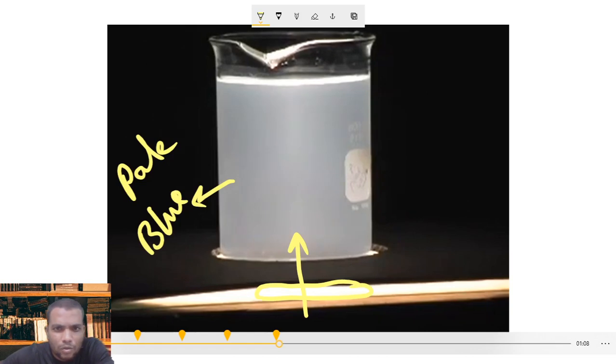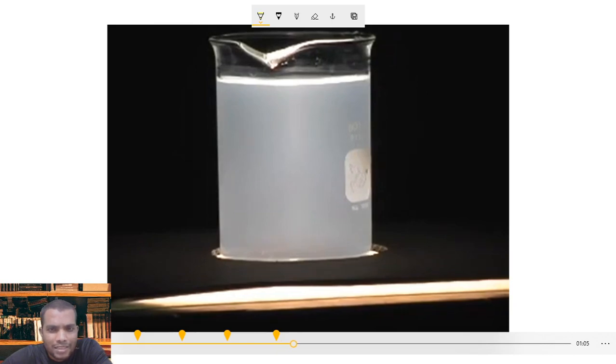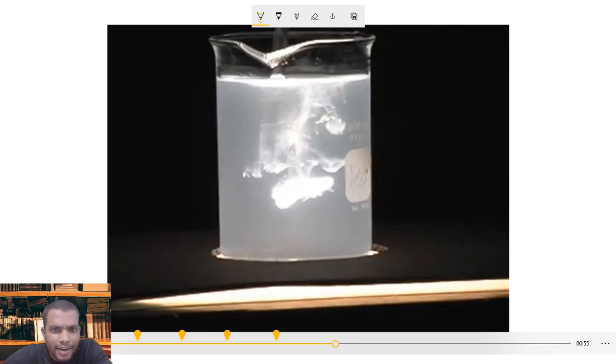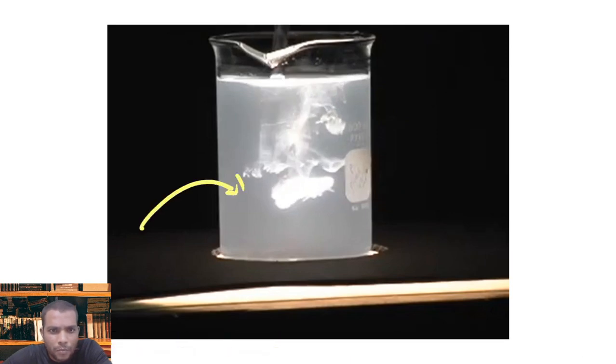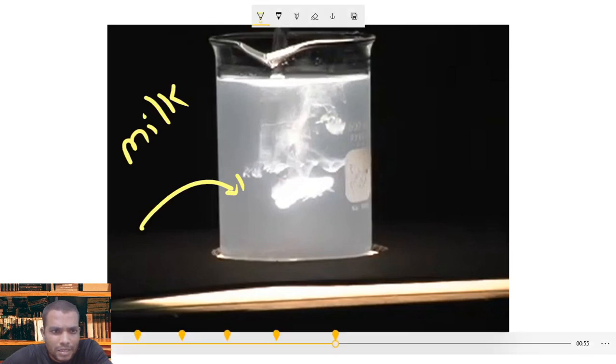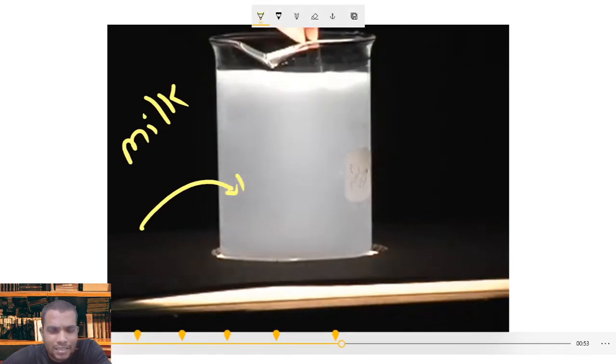Now the light is coming through the water and is focused on the screen. That light now becomes orange or a different color. Suppose we add more milk, so here I added a few extra drops of milk. It means the concentration is increased.